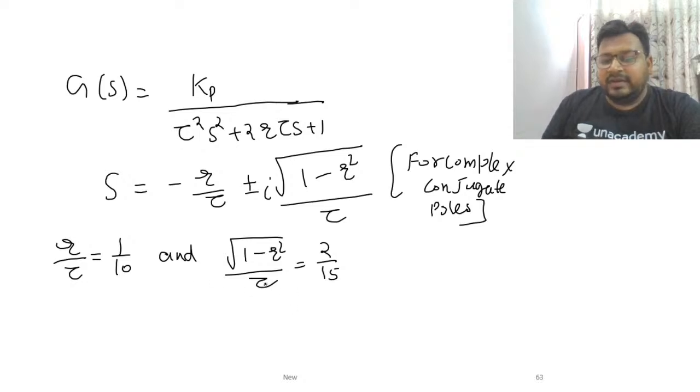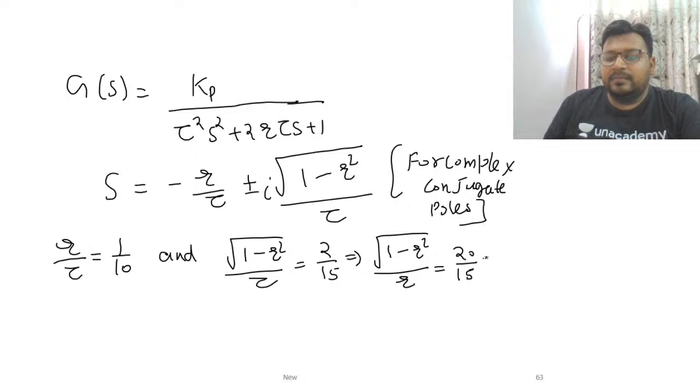Put 10 zeta here. What I get is under root of 1 minus zeta square by zeta, times 10 zeta, so that will be 20 by 15 or 4 by 3. Now I can square it to solve.